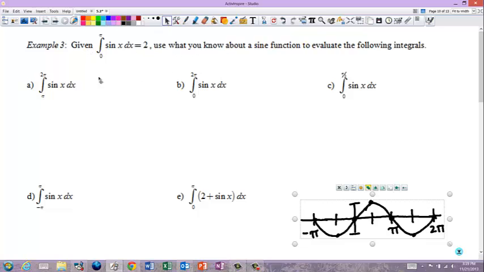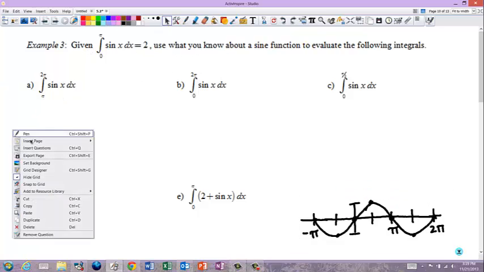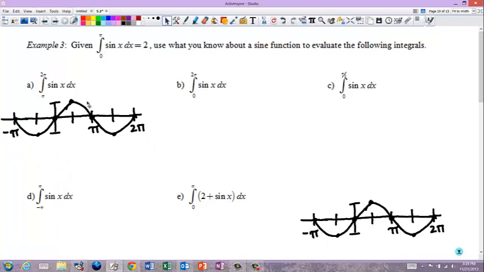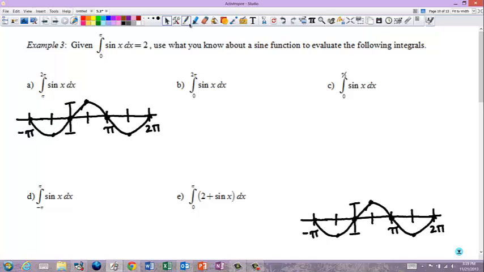Use what you know about a sine function to evaluate the following integrals. So pasting my graph right here, I want to pull it up there. It told me that the area under the curve from 0 to pi is 2.